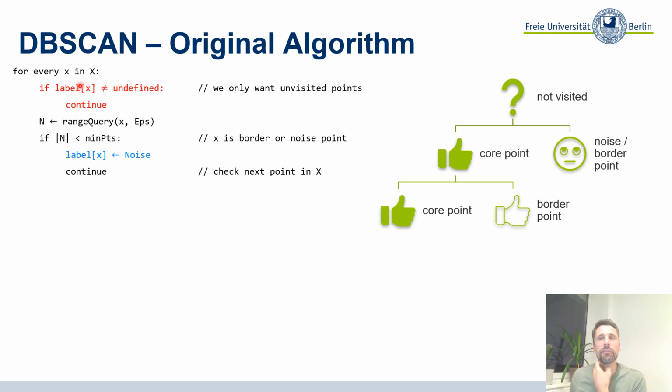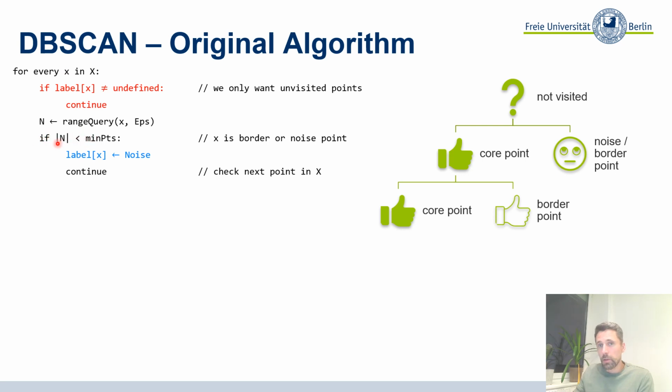But if the label is undefined, so it wasn't visited, we will continue here with this code and look for the neighbors. So N is the set of neighbors of x within epsilon. And if the number of samples within this neighborhood is smaller than our threshold, then x is a border or noise point. So we assign it a label that's called noise here, and we continue by taking the next x.